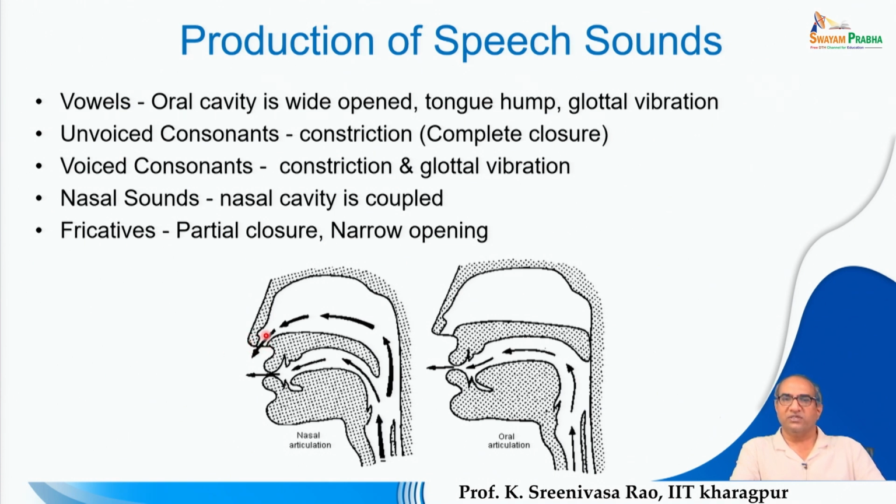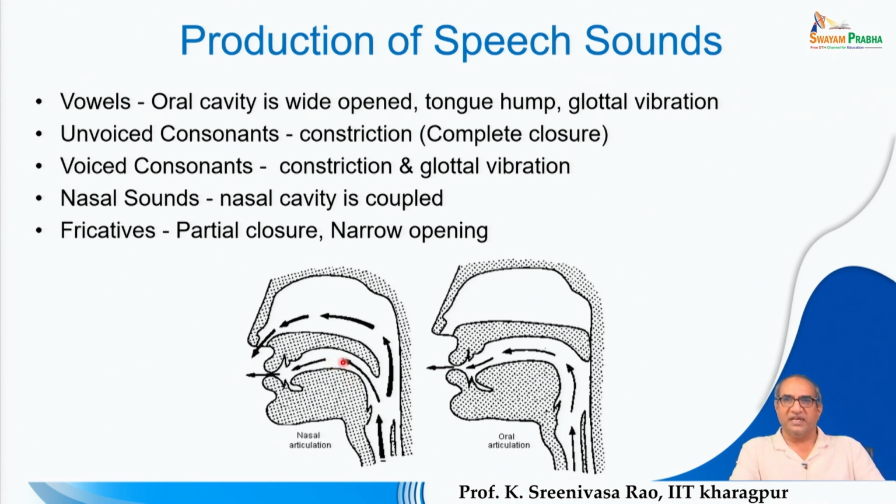So that way the sounds like m, n, are nasalized sounds, where the vocal excitation is the vocal folds excitation, but this excitation is coupled to the nasal cavity. It is coupled to both oral and nasal cavity, but in the oral cavity it is somewhere blocked.